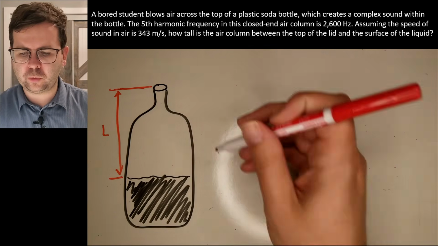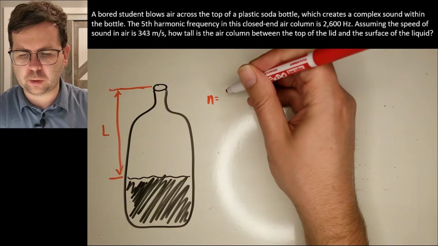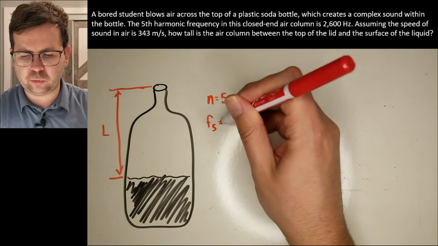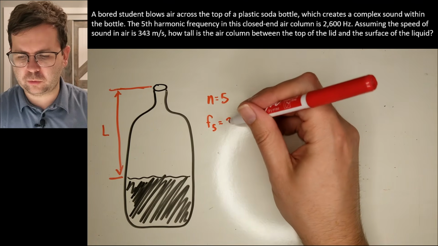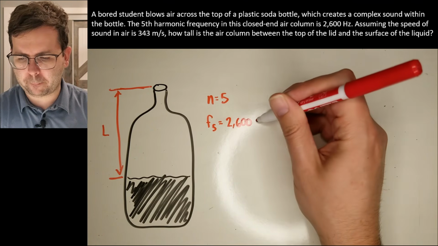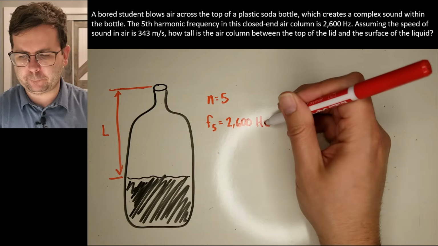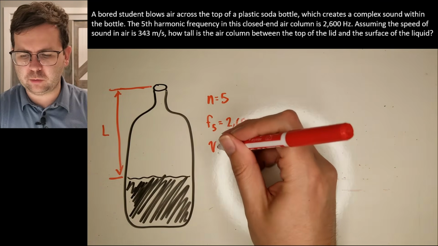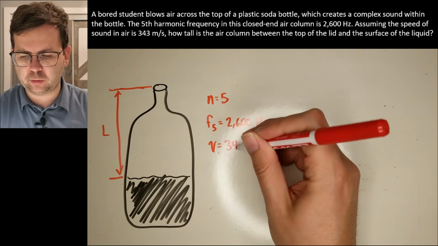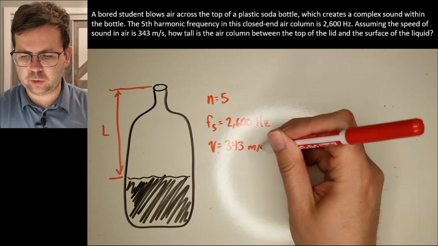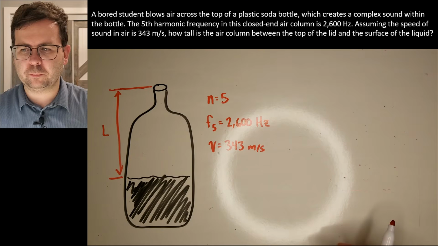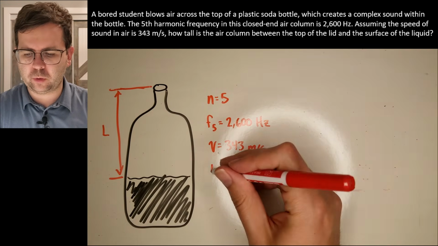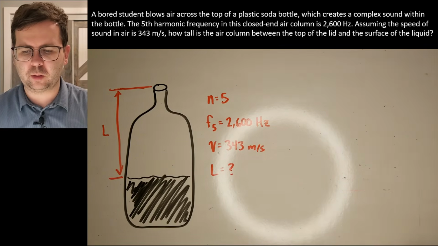We are told that this is the fifth harmonic, n equals 5, and the frequency of the fifth harmonic, f5, is 2600 hertz. It also tells us the speed of sound in air, a number we're going to see pretty frequently, is 343 meters per second. So we're looking for this length of the air column.